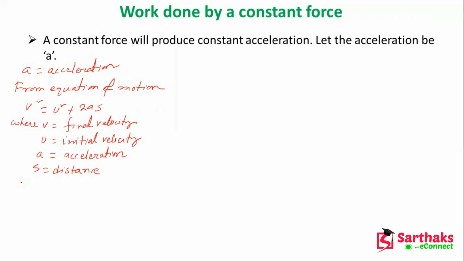So that means twice a s equals v square minus u square.